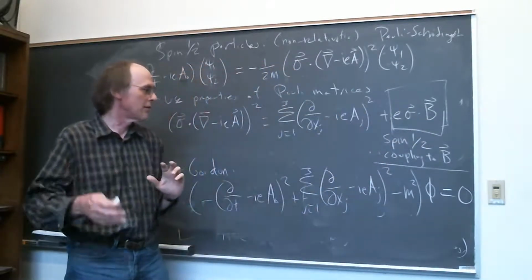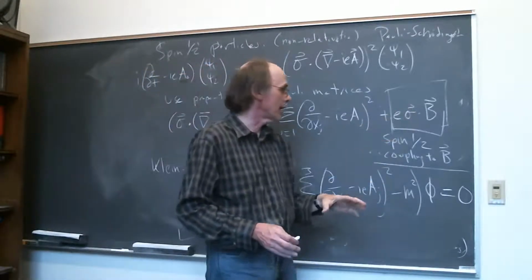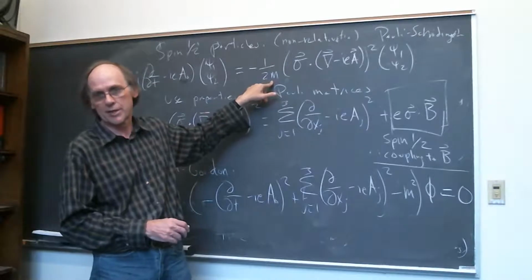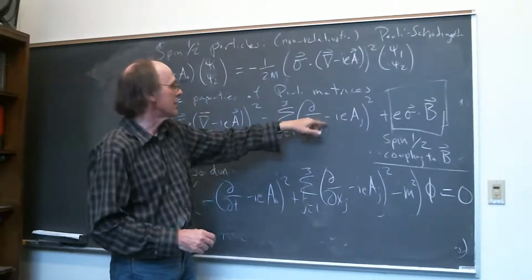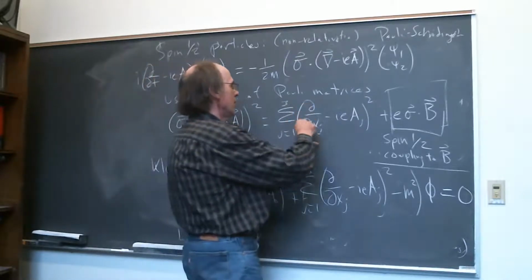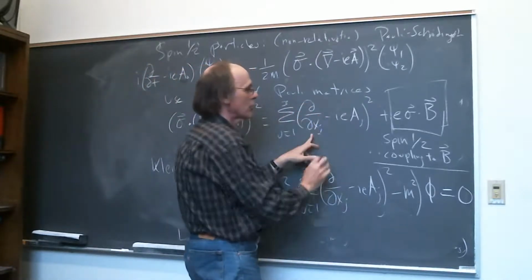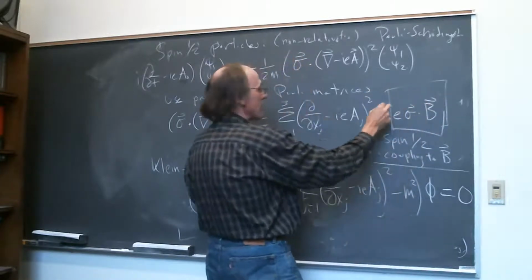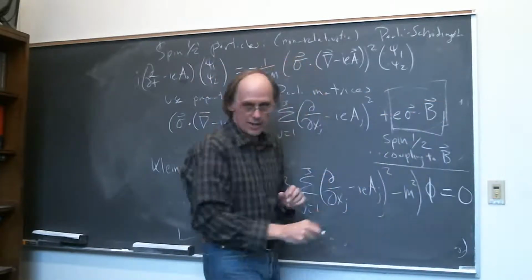I used this as a motivation to talk about a particle that was infinitely massive, for instance, and in the infinite mass limit this behavior would go away, and the Hamiltonian would basically just be this guy.